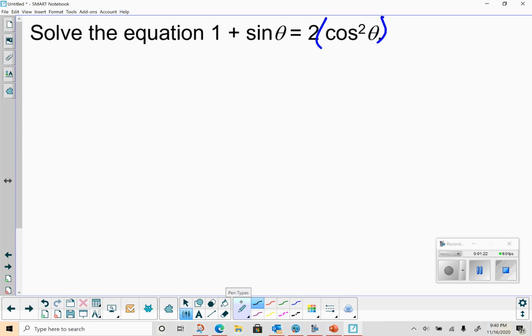So that's one of the first things that you're looking at here. Somehow transform the equation so you're only using one trigonometric function in the entire equation. So 1 plus sine of theta is equal to 2 times the quantity cosine squared is 1 minus sine squared.